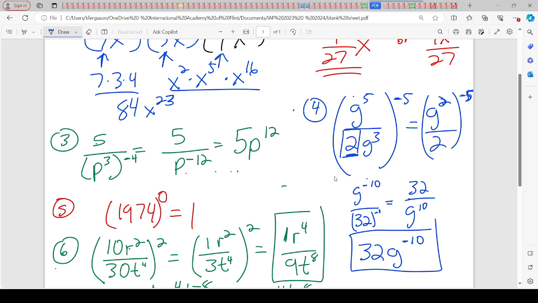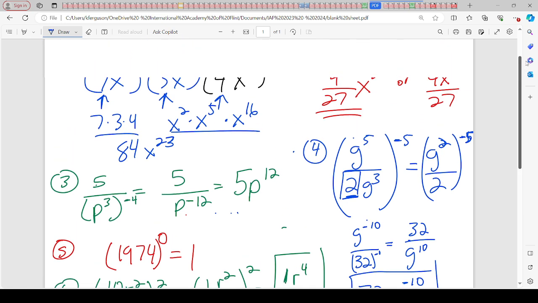Now, if I need to move something, which is like in the case of number six, I can make the exponent negative. So the exponent being negative, it just changes the position. And so when the exponent's already negative, I just change the position, because I don't like to keep it like that.